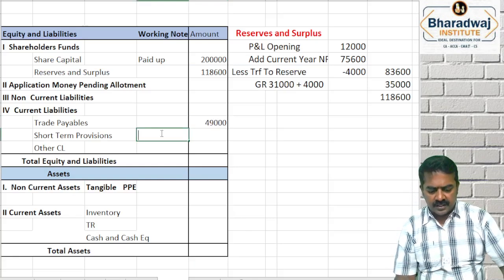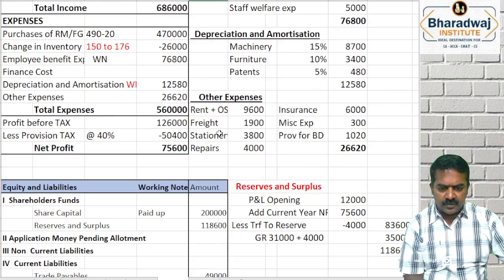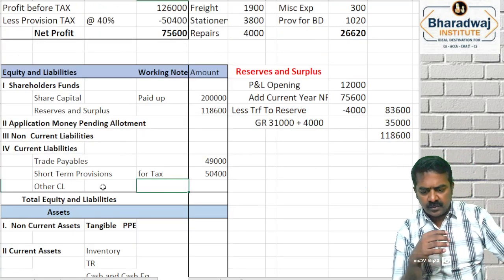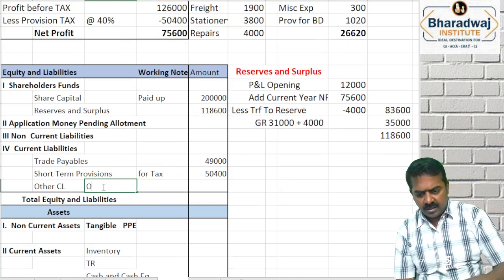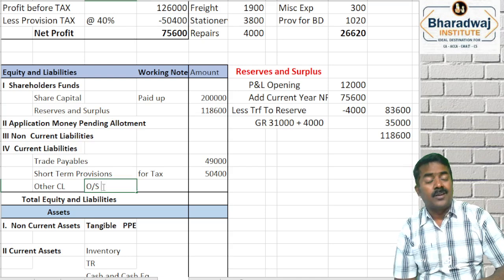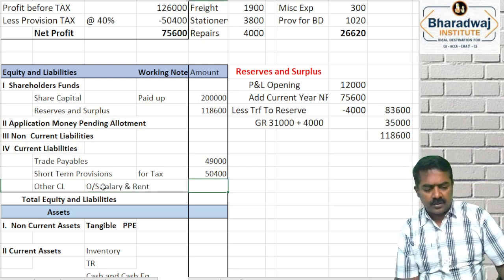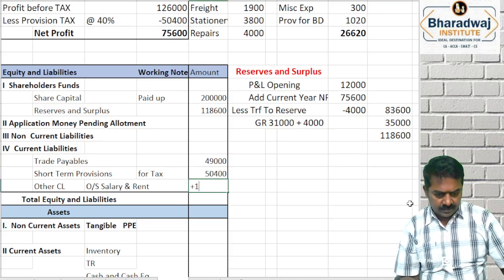Short-term provision for tax. We created a short-term provision for tax. 5,400 will come. Other current liabilities will include outstanding salary and rent. Outstanding salary and rent. 3,400 total, sir.